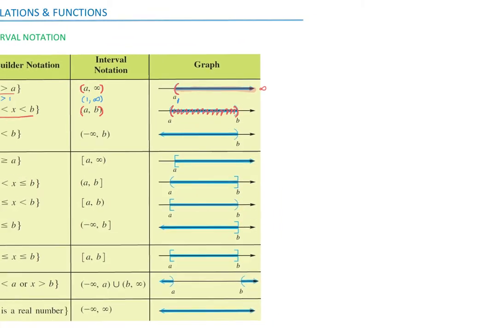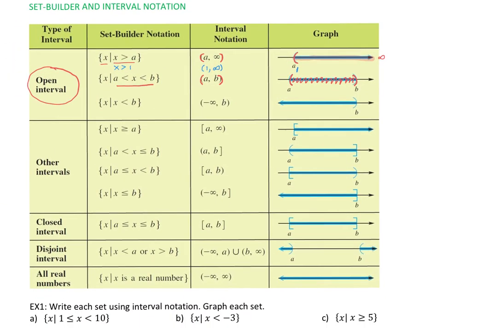And the last example for an open interval is when your x values are strictly less than some real number value b. So less than means anything smaller than b, but not including b, so there's a parenthesis on b. Everything smaller, we're going to go to negative infinity.